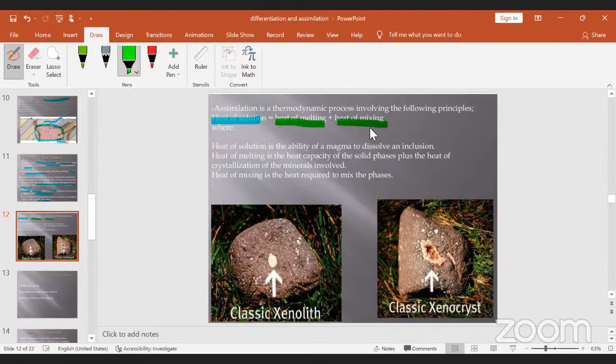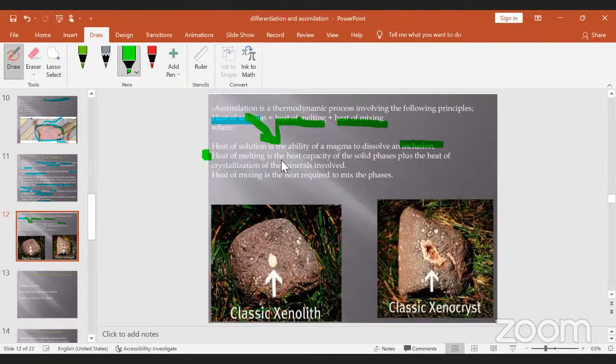This is the principle of the assimilation thermodynamic process. Heat of solution is the ability of magma to dissolve an inclusion.